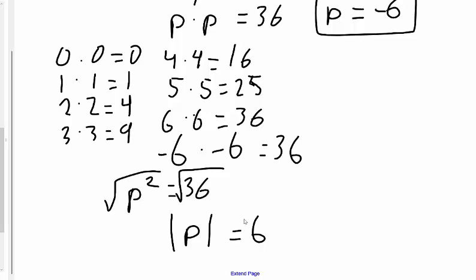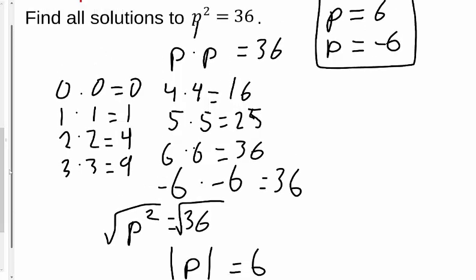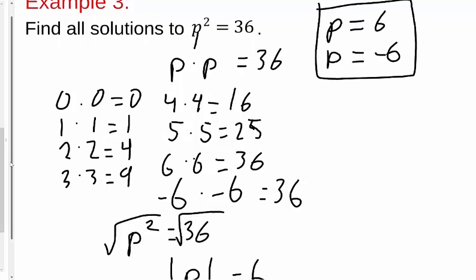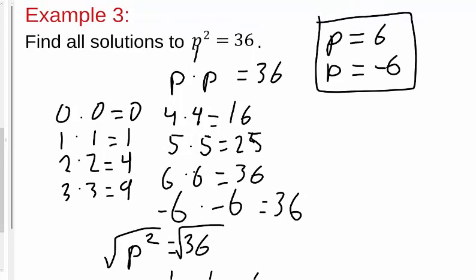It basically says whatever it is, 6. Well, what things could be 6? Well, 6 and negative 6, just like we had earlier. The absolute value of 6 is 6. The absolute value of negative 6 is also 6. So that's our answer. A little bit tricky, a little bit hard, kind of having to remember some pre-algebra there, but just to get you warmed up.